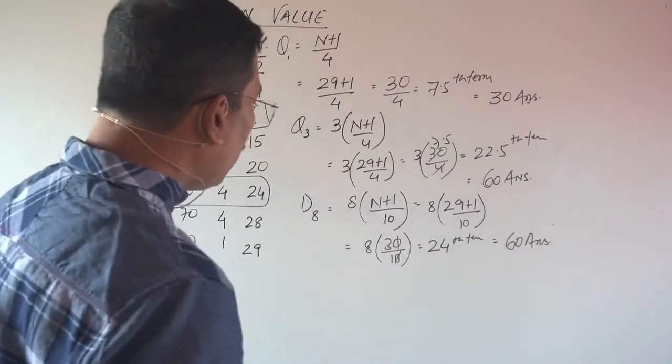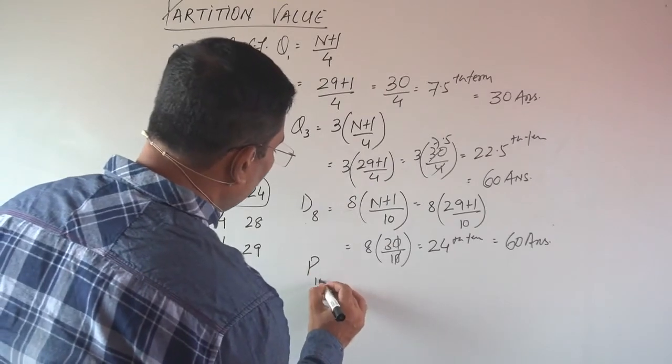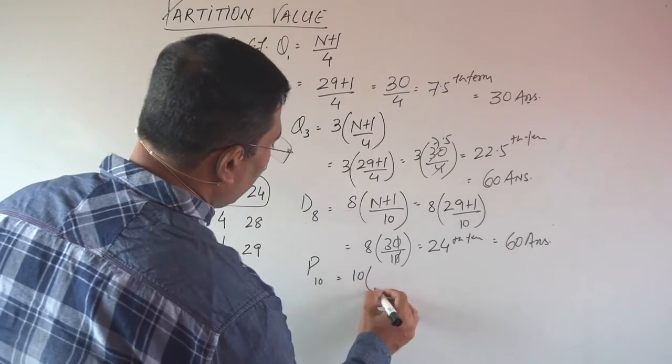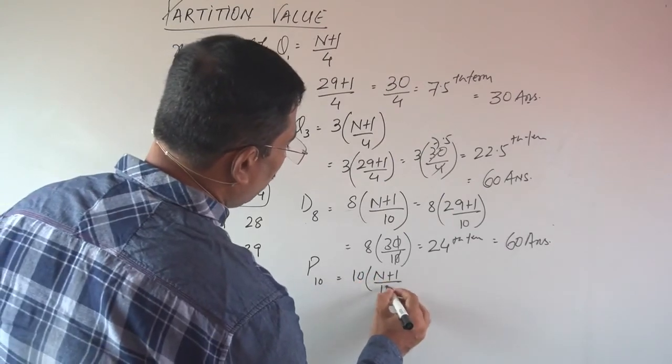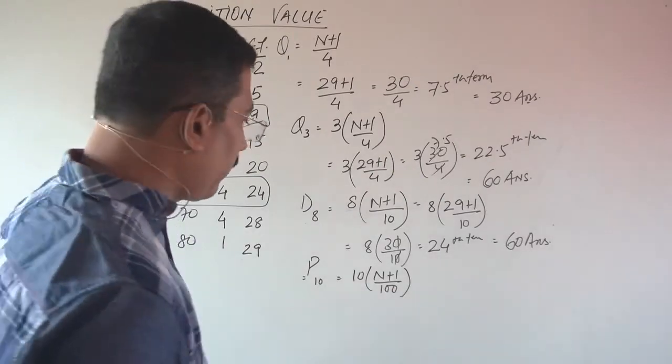Okay. If there is some percentile, say P10, how will you calculate P10? 10(n plus 1) upon 100. P refers to percentile.